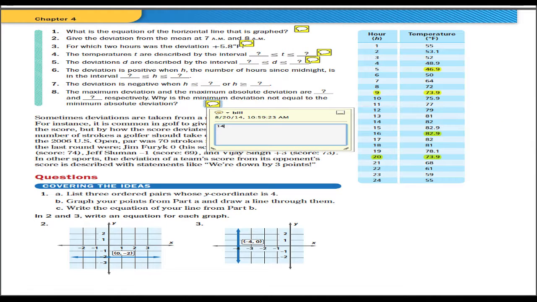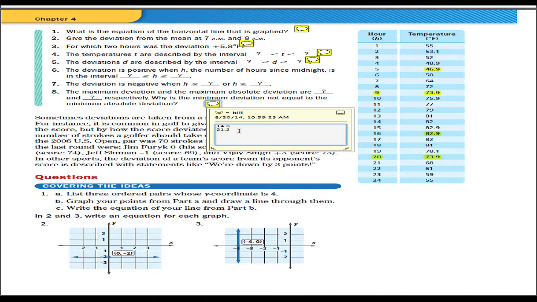That's the highest value of deviation we had. Maximum absolute deviation, you remember, we would take the absolute value of the deviation, and that came out to be 21.2. Remember, we had that interval, and deviation gave us a negative 21.2. So the maximum absolute deviation is 21.2.